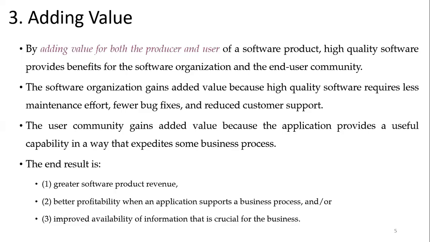The user community gains added value because the application provides a useful capability in a way that expedites some business processes. So the end result is greater software product revenue, better profitability when an application supports a business process, and also improved availability of information that is crucial for the business.